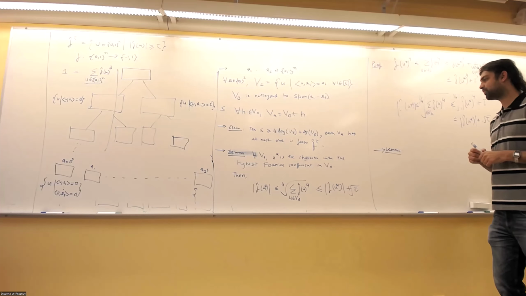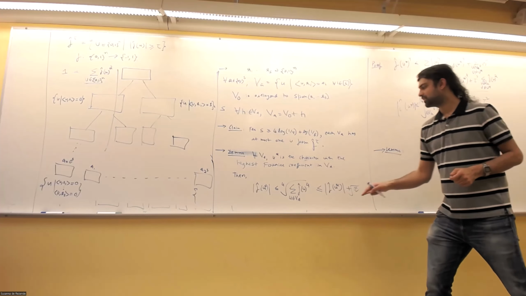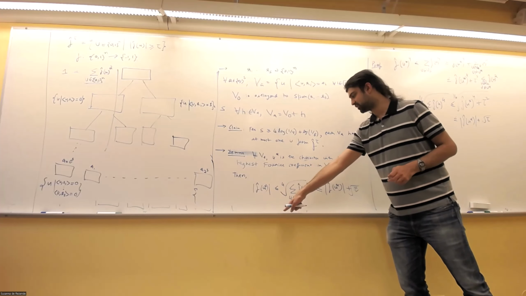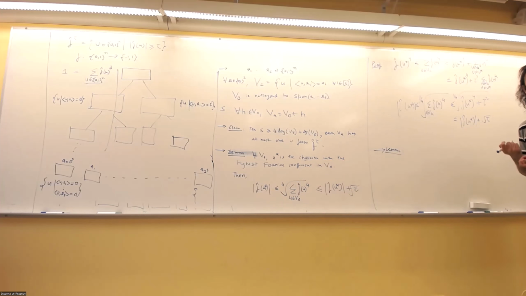Yeah, so now, since we can relate the max coefficient to the fourth power, if I show a way of estimating the fourth power, then for each vector space I can estimate the max value.